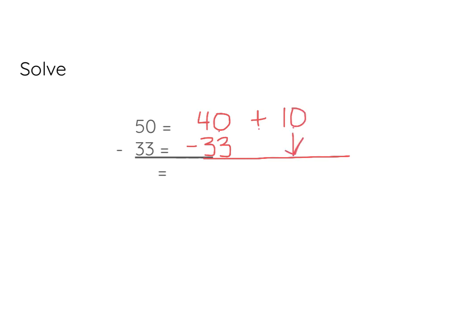You're not doing anything with the 10, so you just bring it down. Now 40 subtract 33, or think back to that number line. How does 33 get to 40? By adding the partner, which is 7. 10 plus 7 equals 17. How did you do? Did you get that one? Great.